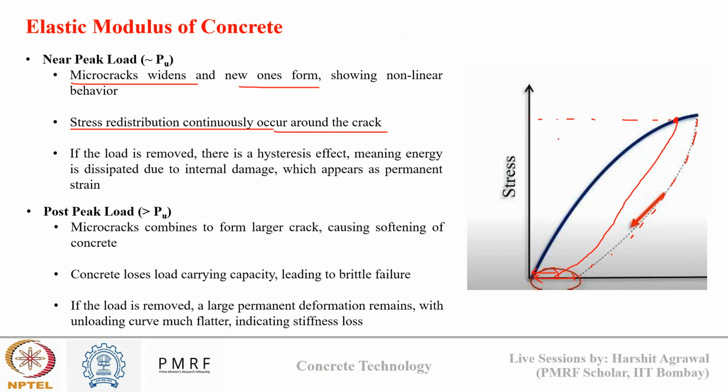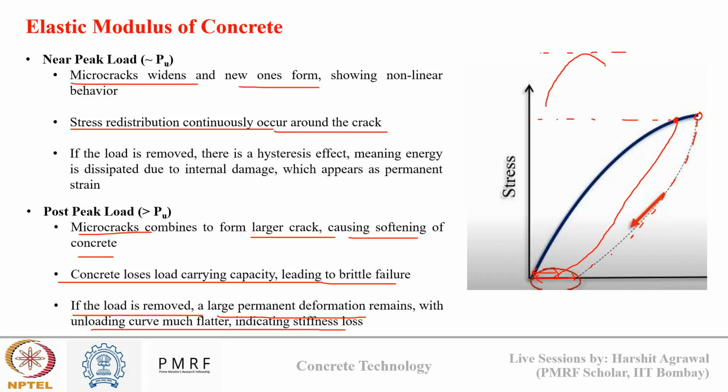Now if I apply load beyond this point, what will happen? Micro cracks will combine to form a large crack which will cause softening of concrete. Concrete will lose its load carrying capacity, which will lead to brittle failure. If the load is removed, a large permanent deformation strain will remain, and the unloading curve will be much flatter, indicating stiffness loss. The concrete has failed now.